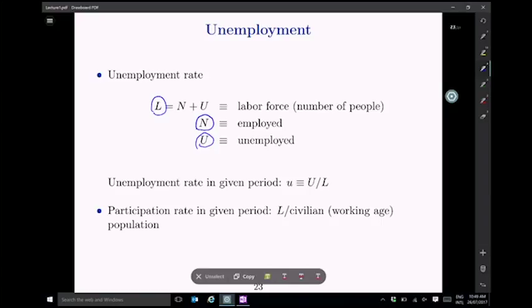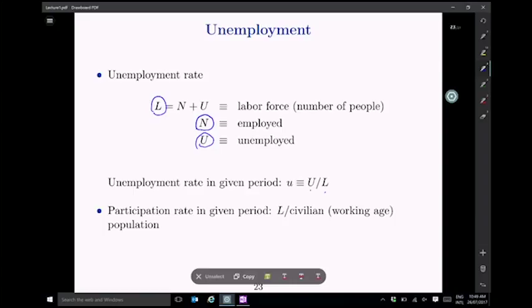Now, the unemployment rate is defined as the ratio of unemployed over the labor force. So for people like you, most of you don't have a job, right? But are you unemployed? Are you part of the unemployed population in Australia? Probably no. Why?